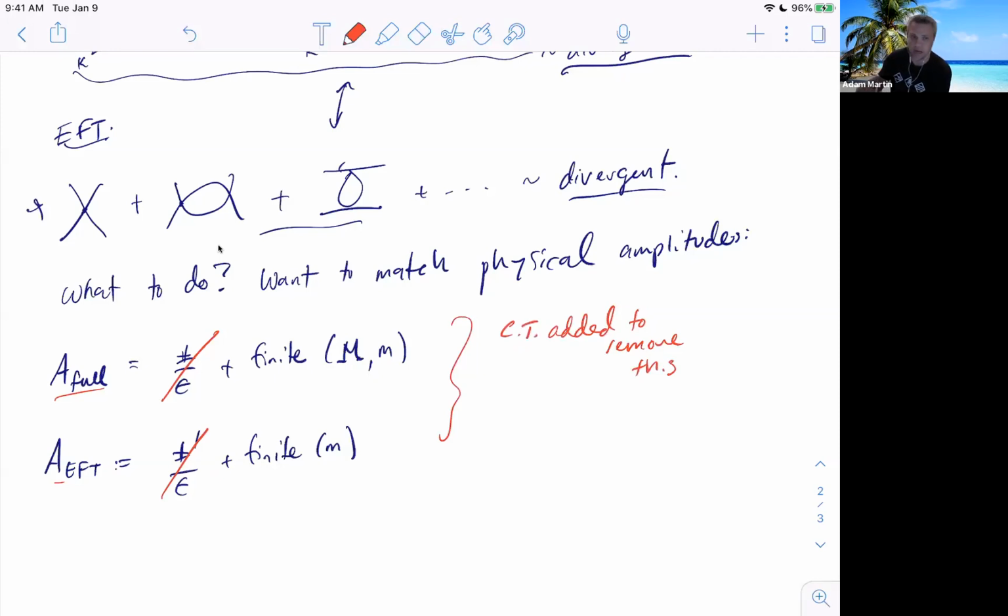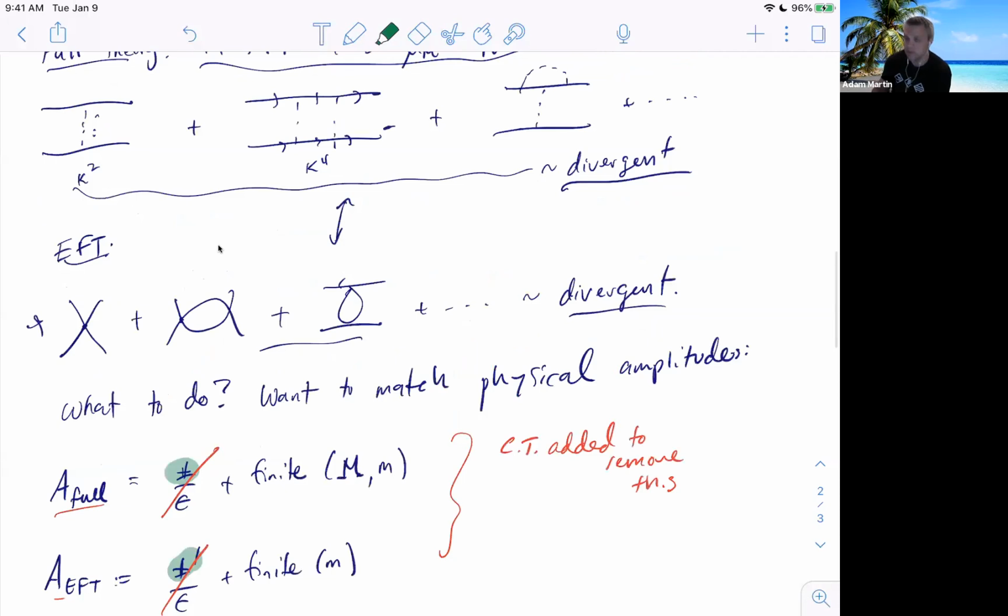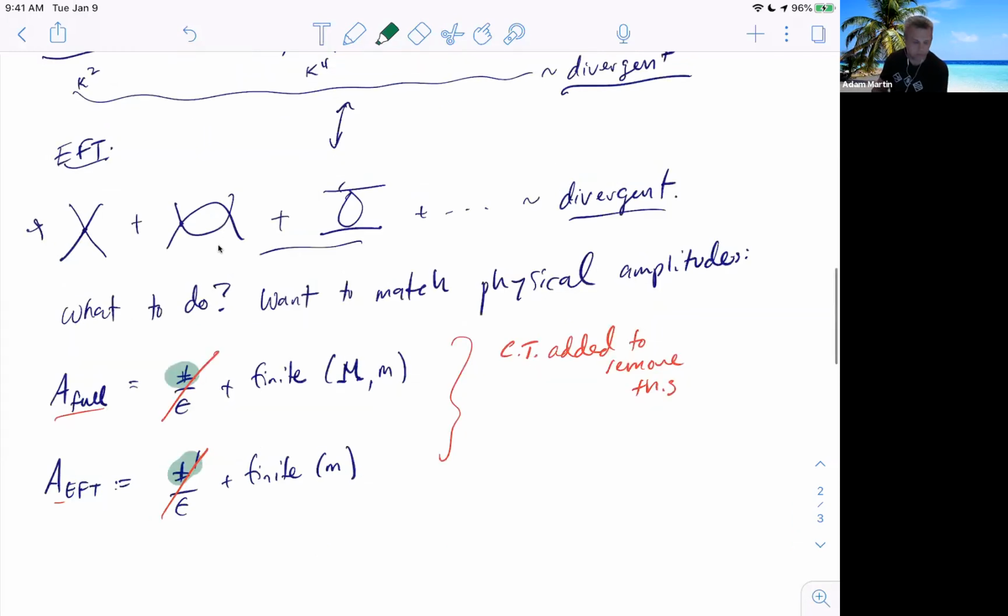If I'm calculating it, I've got to include not only the loops, but the counterterms, and the counterterms are there, as they've always been, just to get rid of any of this junk. An interesting point is that this number does not have to be equal to that number. In general, these are different divergences. Remember, EFT is its own separate theory. It doesn't rely on that. So there's no need for this number to be related to this number.